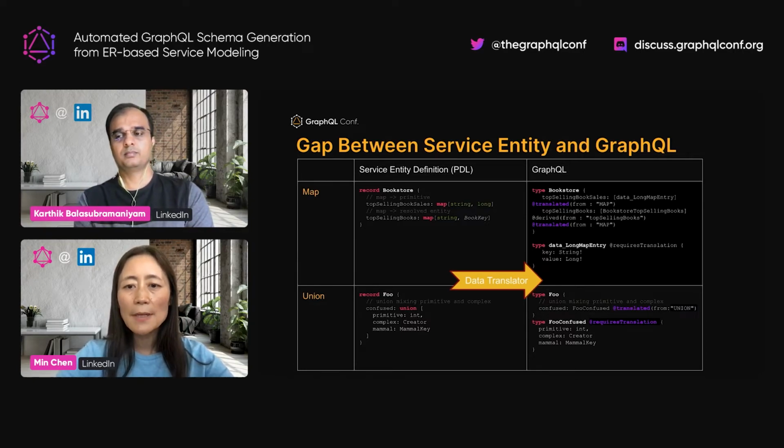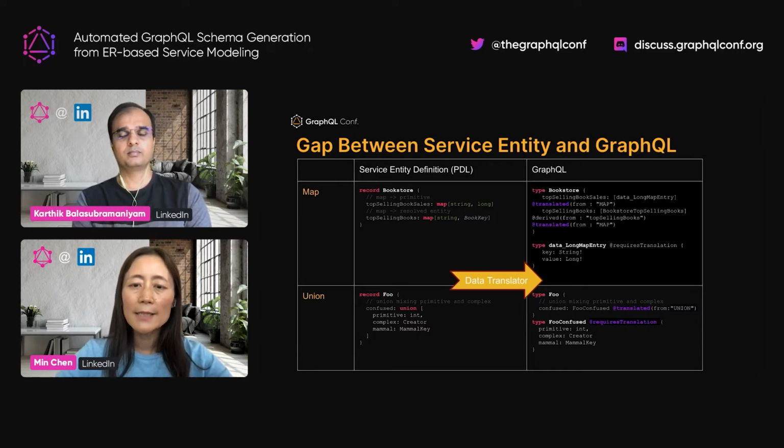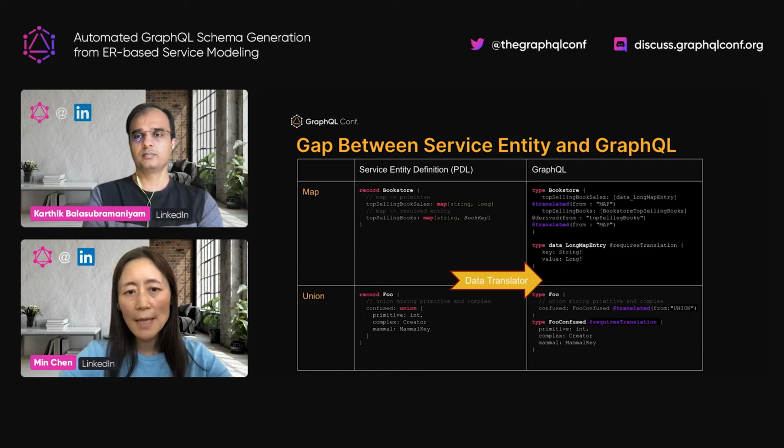In this object type, we call the data a map entry here. It is actually an object type with only fixed fields called key and value. And the other type missing in the GraphQL type system is a union. Although GraphQL has union to represent different object types, in PDL we have a more complicated union scenario.